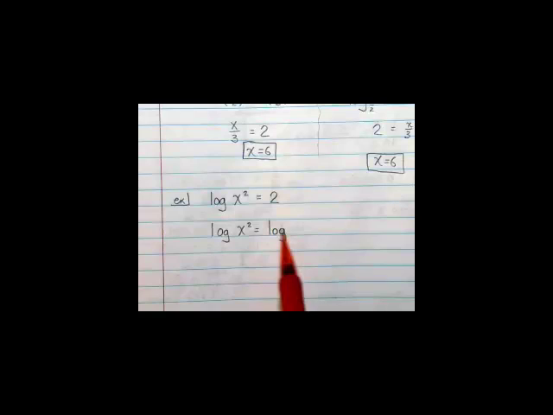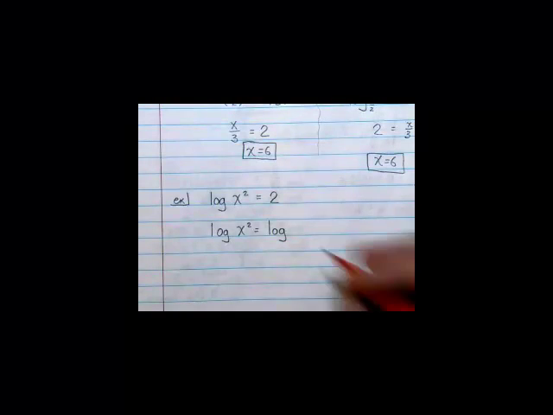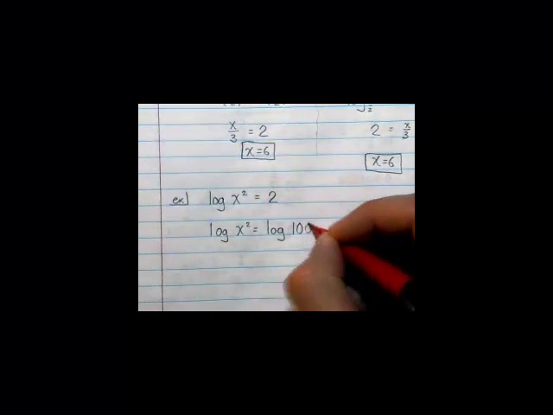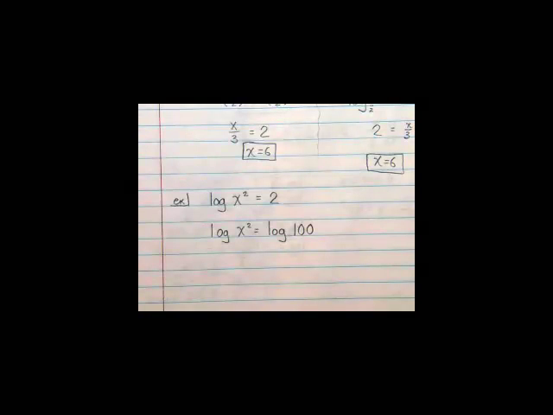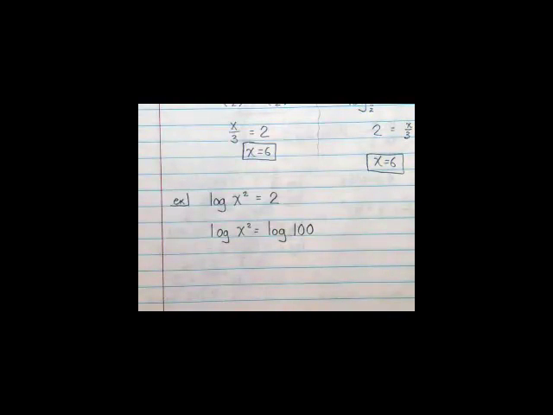So 2, if I have to keep this as a log base 10, because that's what this one is, 2 is log base 10 of what? 100, yeah. Okay, so think about that. 10 to what power equals 100? 2.